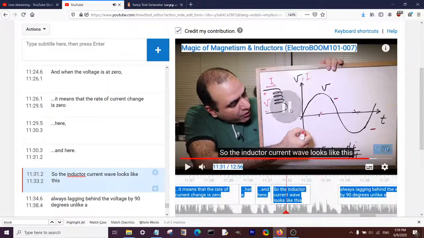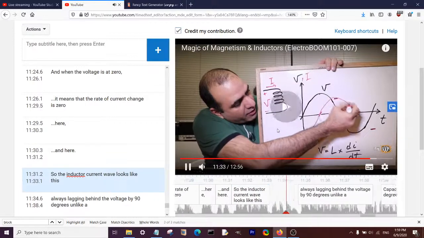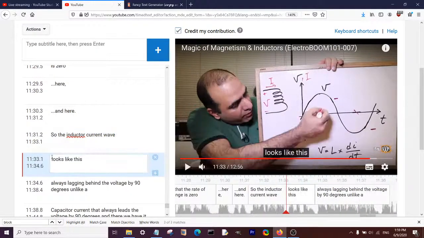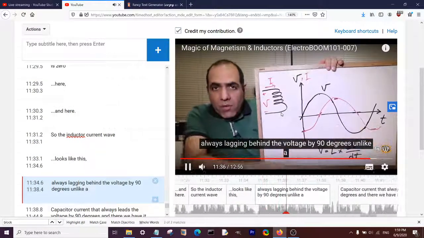So the inductor current wave looks like this, always lagging behind the voltage by 90 degrees.